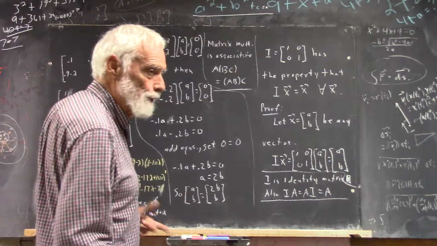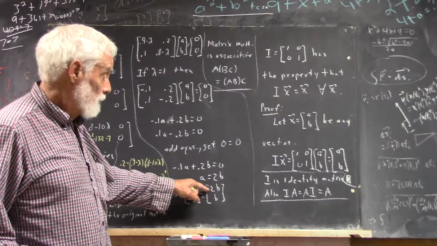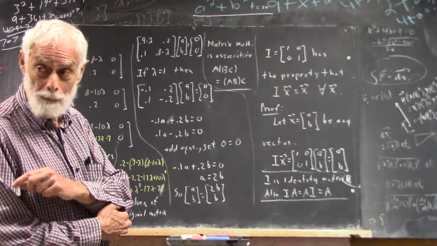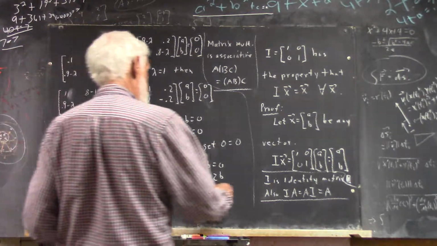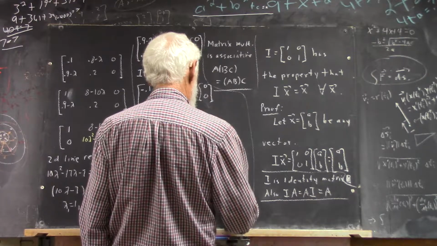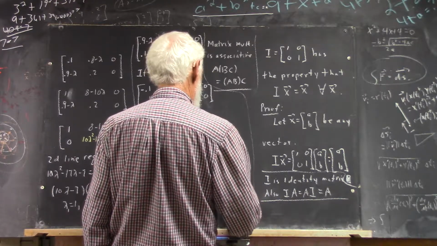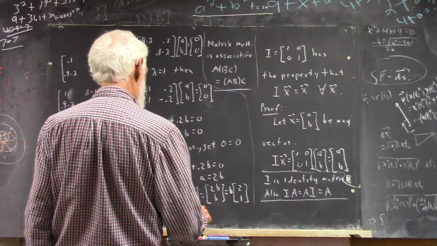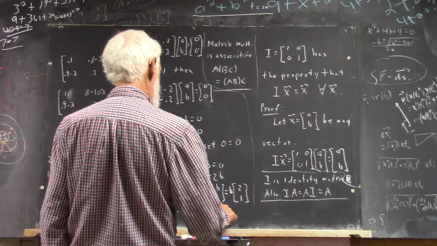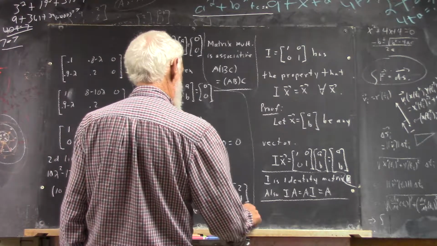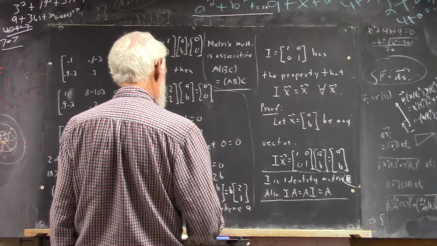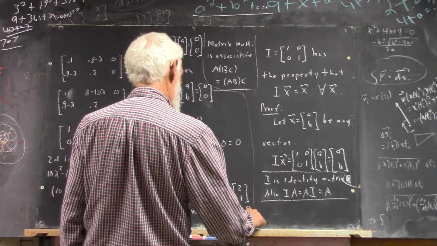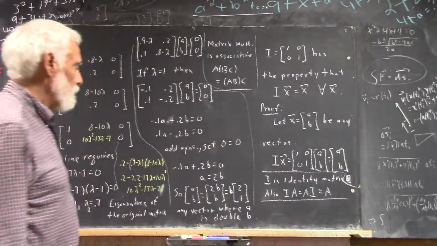And B can be any number, so this is any vector where this is twice as big as this. Okay? You're going to love this in a minute. That's any vector where A is double B.